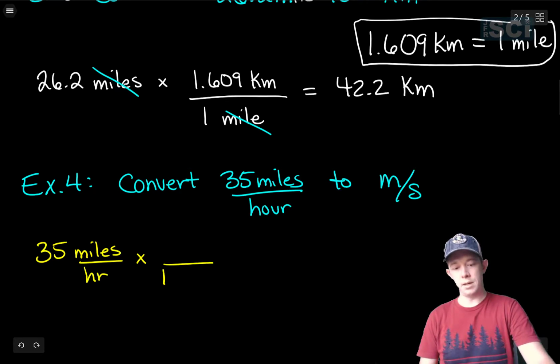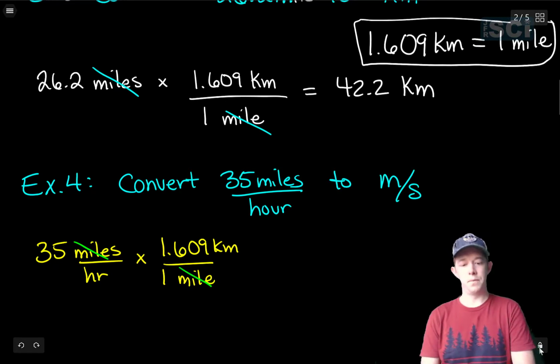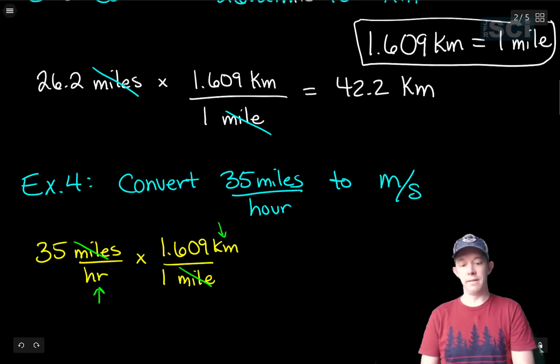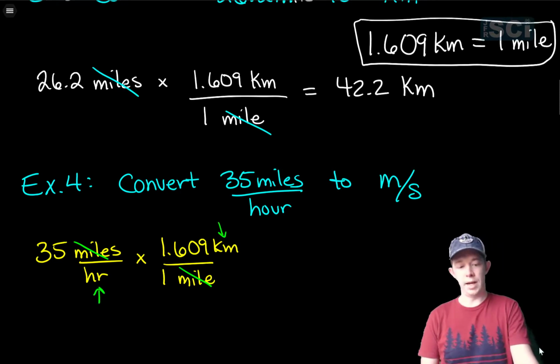I'm going to say 1 mile is equal to 1.609 kilometers, and that allows me to get rid of my miles unit. So if I stop now, I would have units of kilometers per hour, and I don't want kilometers per hour. I want meters per second.